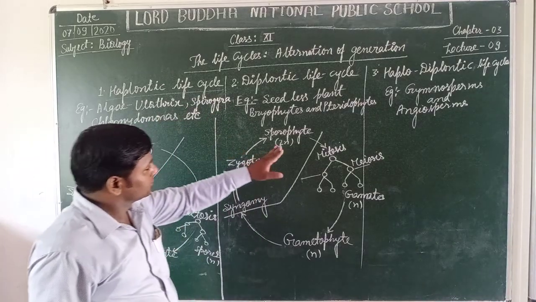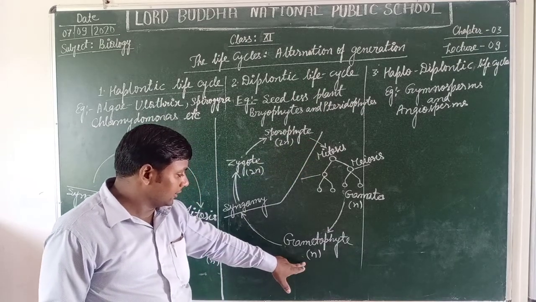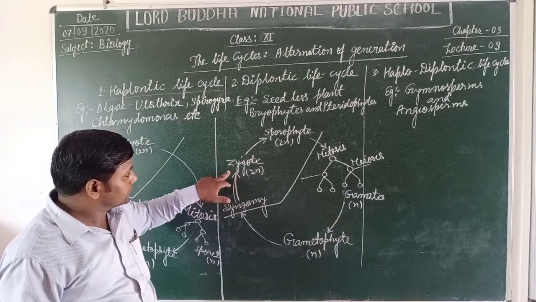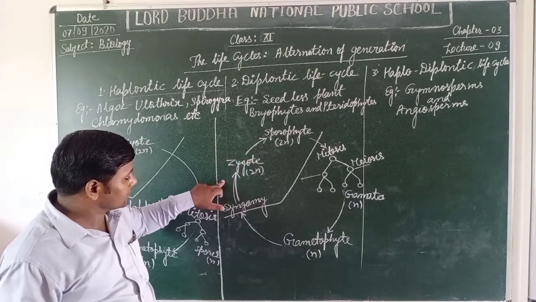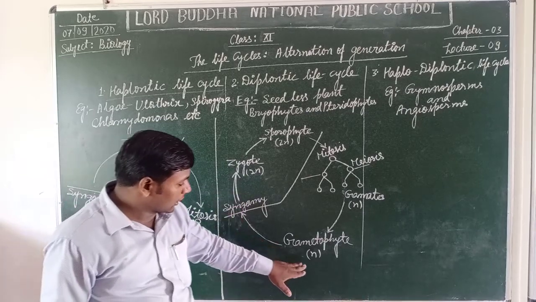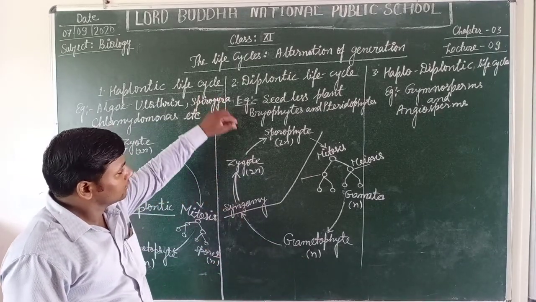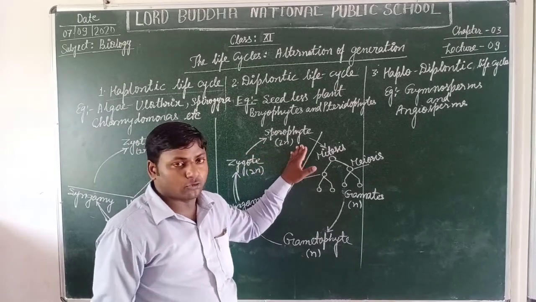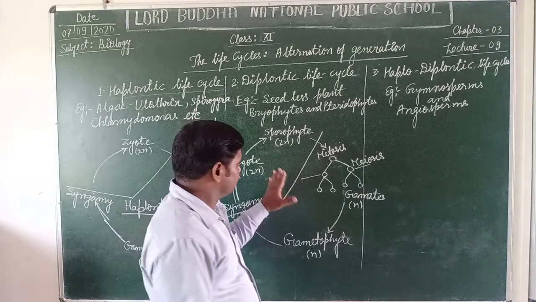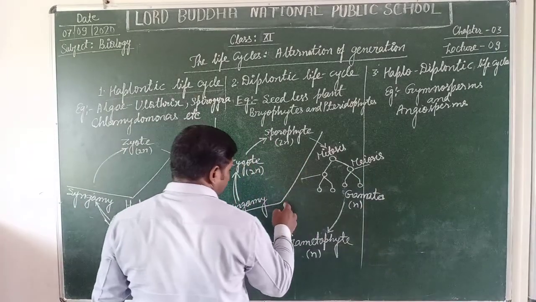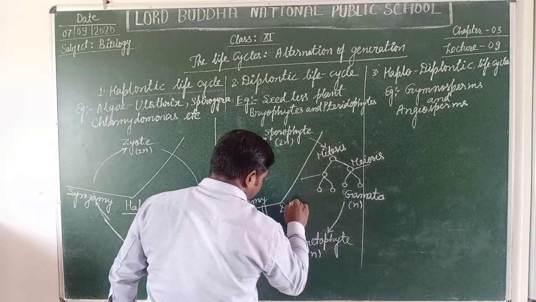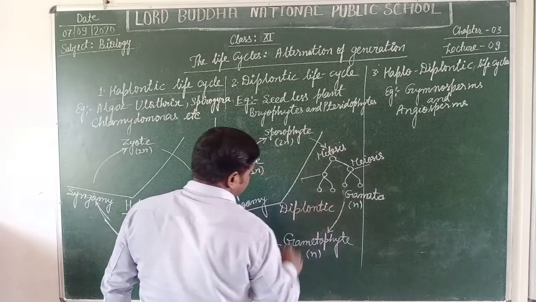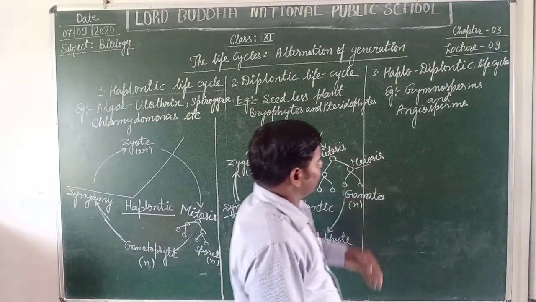Thus, students, from sporophyte to gametophyte, and further from the gametophyte the zygote is formed after the fertilization and fusion of the two gamete cells n and n, and the main plant body is developed, that is sporophyte. Sporophyte phase is the dominant phase in such type of life cycle. That's why this is called diplontic life cycle.